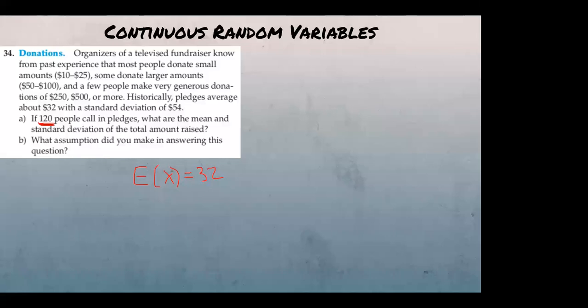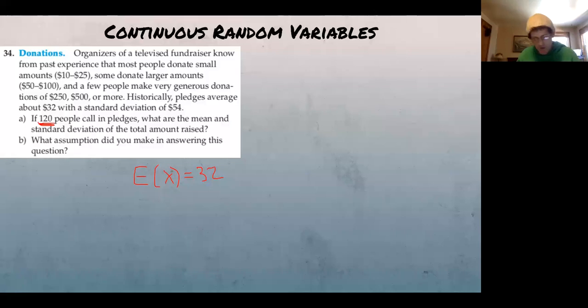Whatever 32 times 120 is. There we go, 3,840. So I can just do the expected value, and I know this means that we had 120 people give this organization a pledge. $3,840.